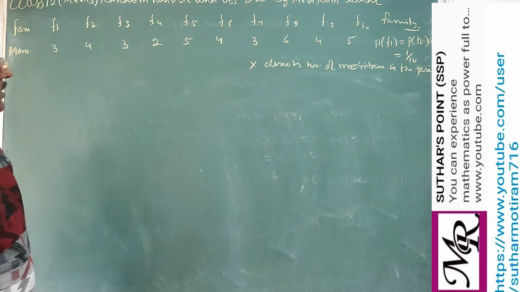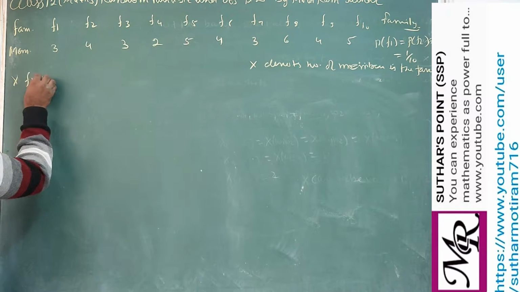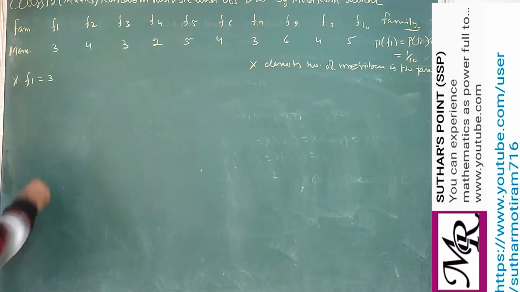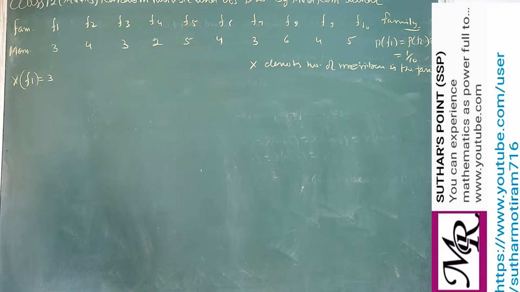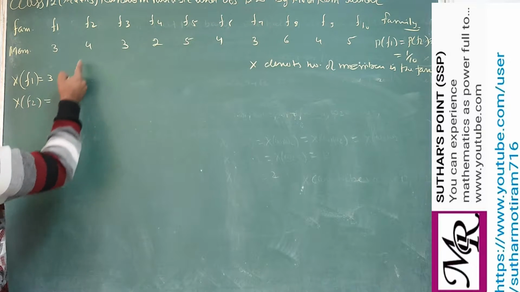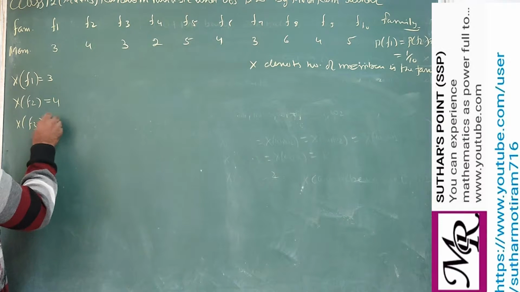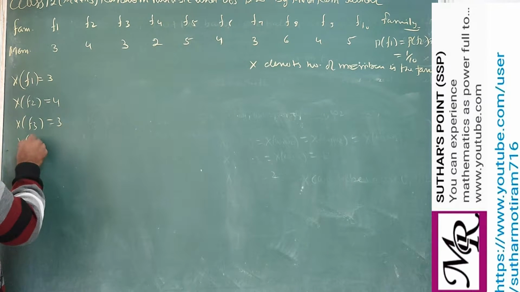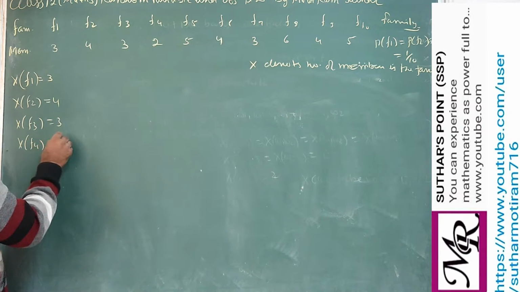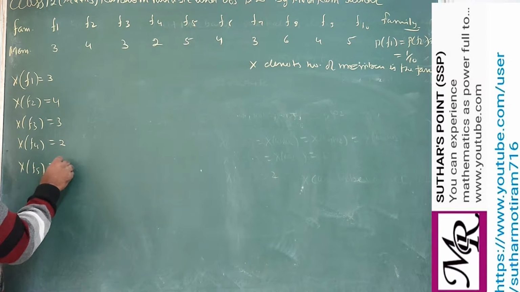Suppose for the first family, X of F1 is 3, meaning the family has 3 members. X of F2 is 4. X of F3 is 3. X of F4 is 2 members. X of F5 is 5.